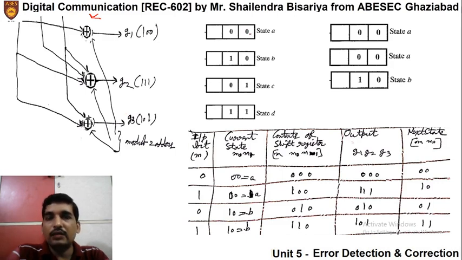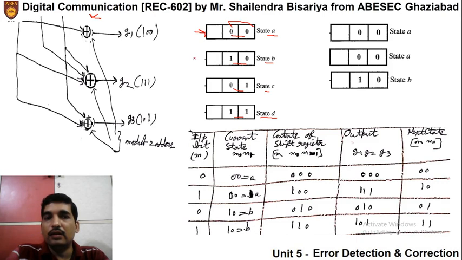Here we can define the states in a similar manner as in the last slide: state A is defined as the two bits being 00, state B as 10, state C as 01, and state D as 11. Remember these are the two previous bits, because in this case the input is coming from this side.